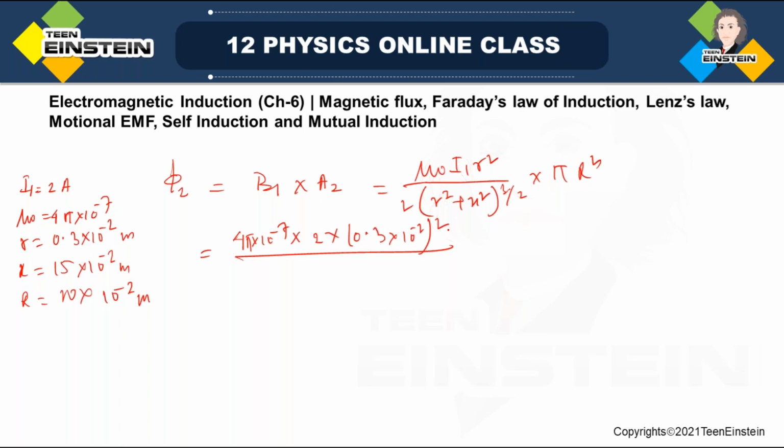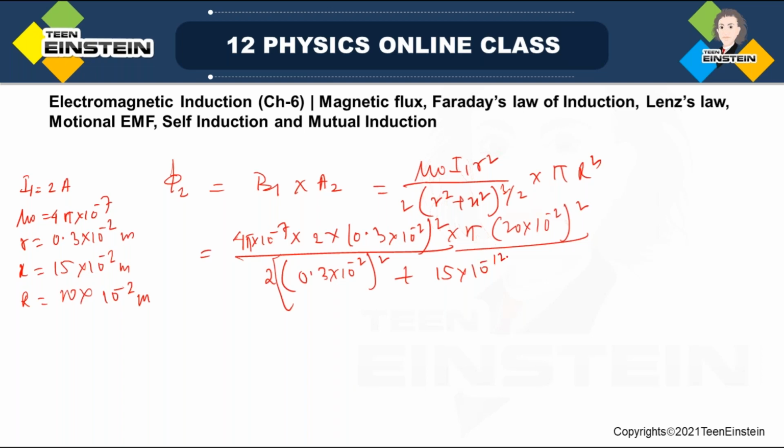Okay, so here again there will be a pi here, and R square is 20 into 10 to the power minus 2 square, divided by 2 into again 0.3 into 10 to the minus 2 whole square plus 15 into 10 to the power minus 2 square.